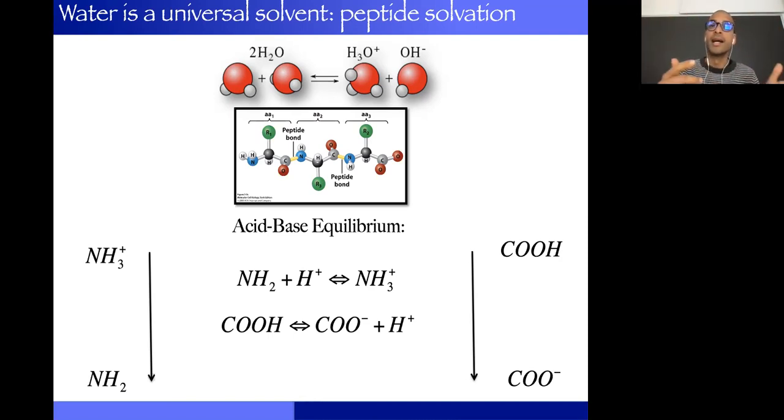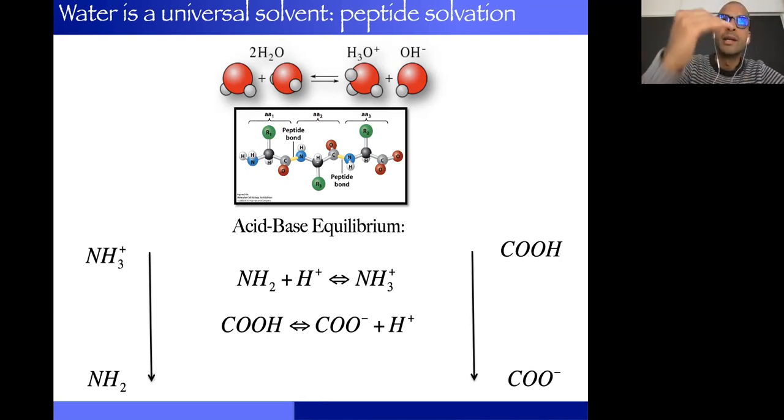And this is tied then into electrostatics, because the moment you start adding and pulling off protons from a peptide, you change the charge. Something can become positively charged, something can be neutral, something can be negatively charged. And this then has effects on all the screening lengths and all the length scales that we were discussing before.